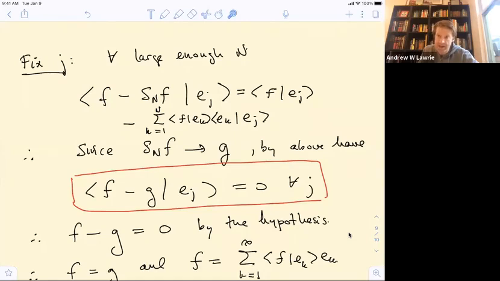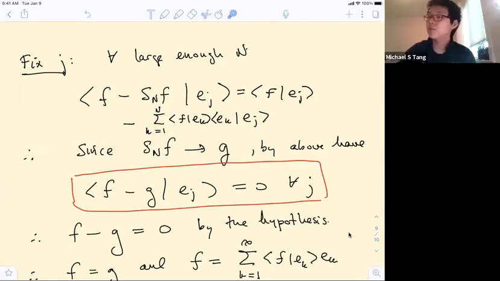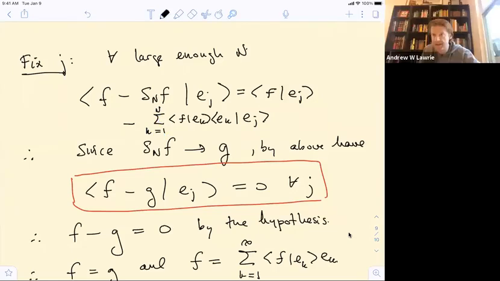So I just take N large enough so that J appears in the sum from K equals 1 to N. You just need N to be at least J. Exactly. And then what I get is F paired with E_J minus F paired with E_J, which equals 0.